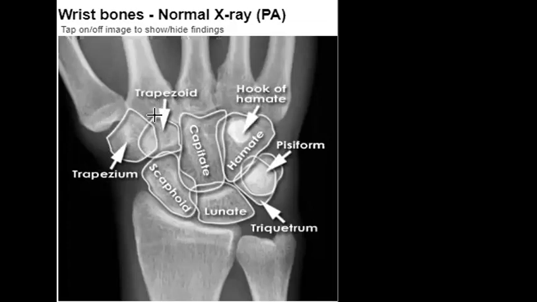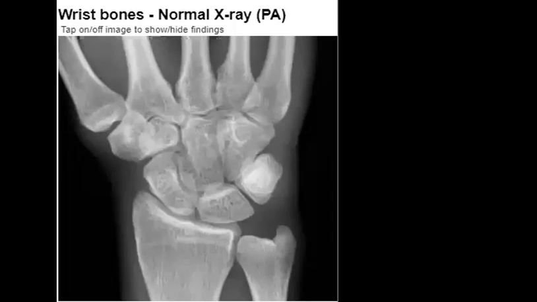So this zigzag line should be preserved, and the hook of hamate should be under this line, and the fourth and fifth metacarpal bases should be above this line, right? Then trapezoid and trapezium. I think it is easy for you now. Yes, you already know them.